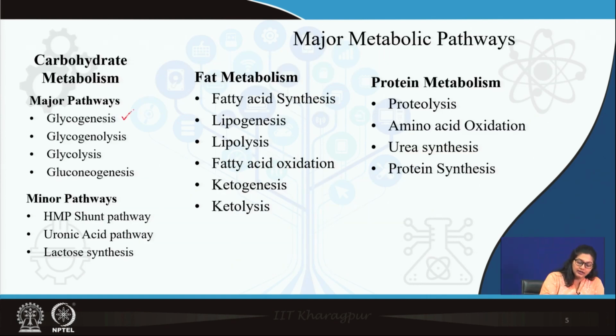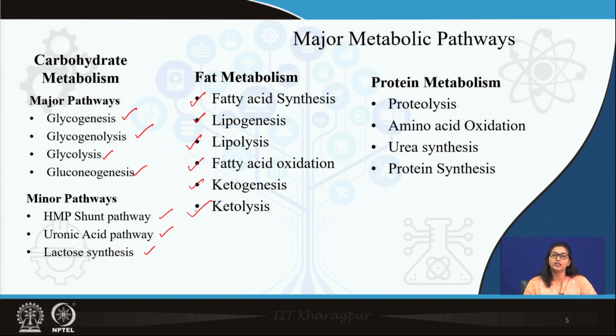You know, glycolysis, glycogenesis, glycogenolysis, then gluconeogenesis, minor pathways like HMP shunt, uronic acid pathway, or lactose synthesis or lactose metabolism rather. Then related to lipid metabolism, there is fatty acid synthesis as well as fatty acid oxidation, lipogenesis like phospholipid and triacylglycerol formation, cholesterol formation, as well as their degradation, lipolysis, then ketone body synthesis, ketogenesis, or their degradation, ketolysis.